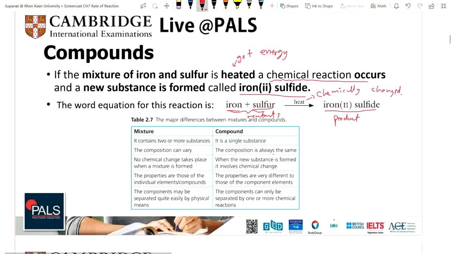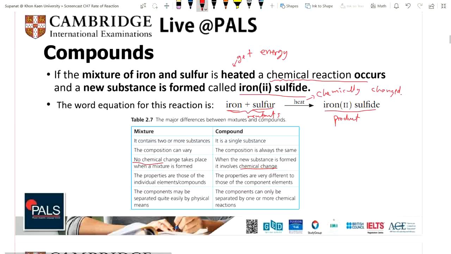A while ago, I mentioned there is no chemical change when the mixture is formed, but when the compound, a new substance, is formed, it involves a chemical change. So no chemical change and chemical change. And let's talk about the properties.